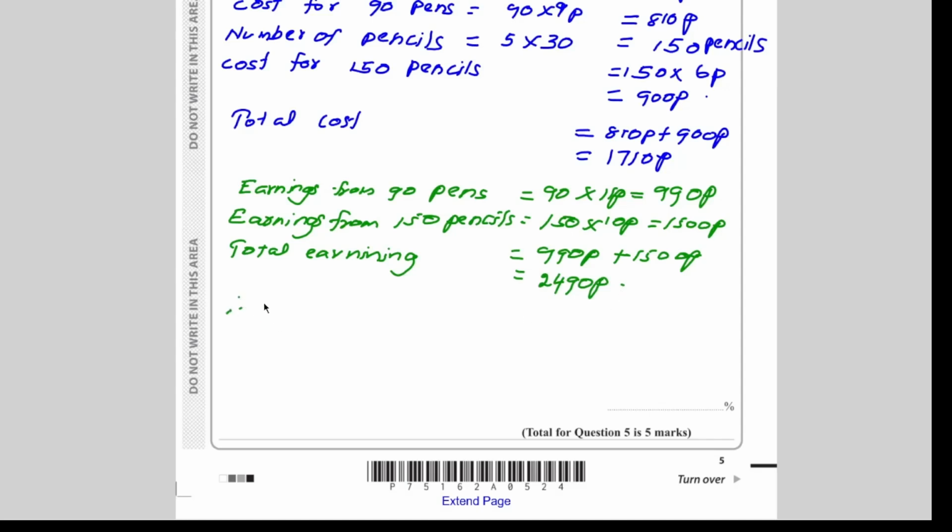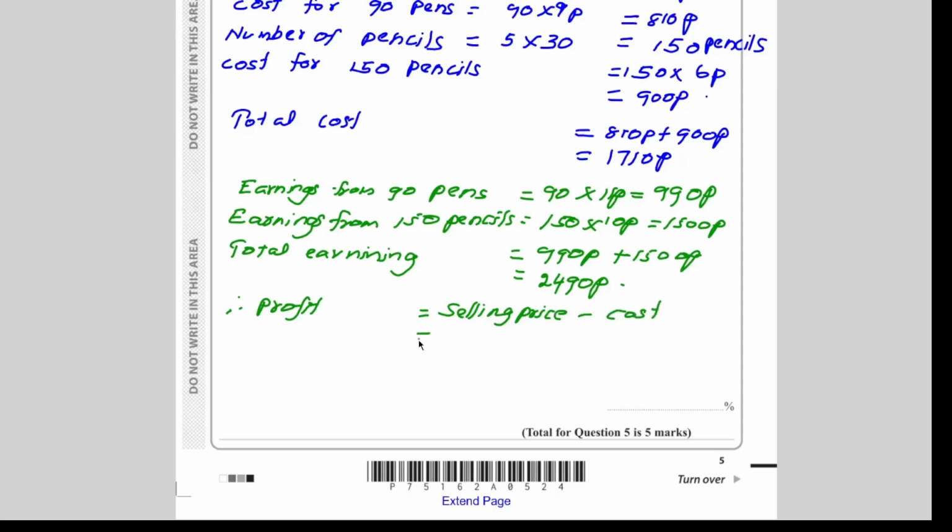Now we can get the profit. Therefore, profit equals selling price minus cost price.